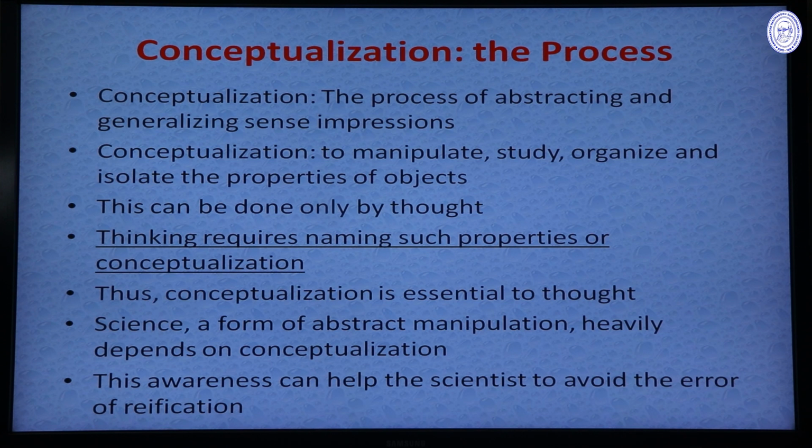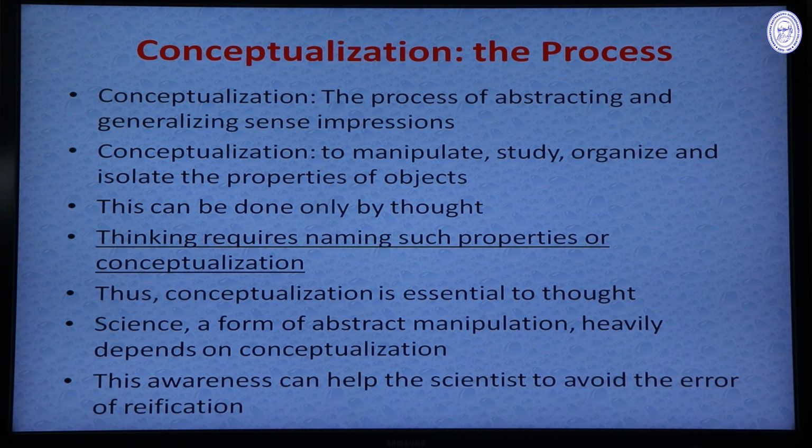Thinking requires naming such properties. Once we can isolate or abstract the properties, then we need to name such properties, and this is what we know as conceptualization. We give different names to such properties, maybe institutions, associations, organizations, community; these all are concepts.